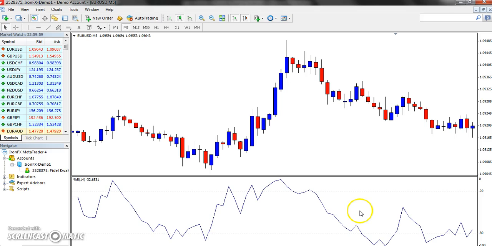Now, by overbought and oversold, what it implies is that if the market has been overbought, the probability that the market is going to go down is high because the price of the asset is deemed to be overvalued. So at this point, expect traders to realize that the asset has been overvalued.